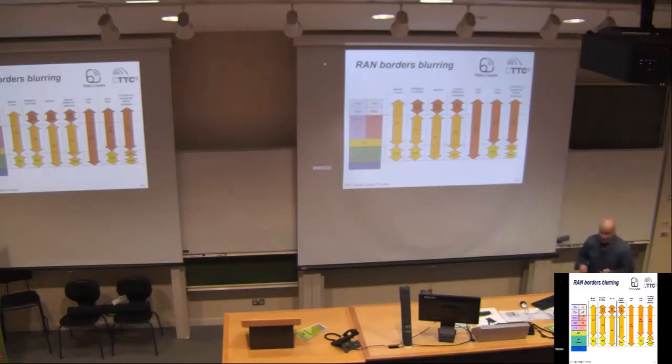So for instance, at the beginning of the project, there were like three different places where you can implement RAN functions. First, you can implement RAN functions in the edge as software.